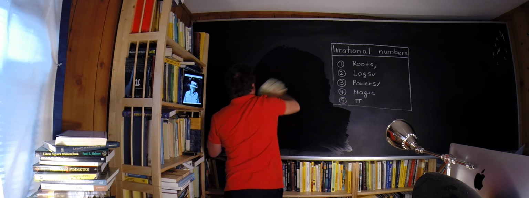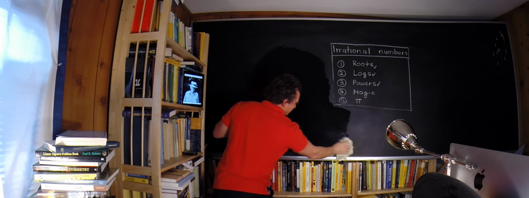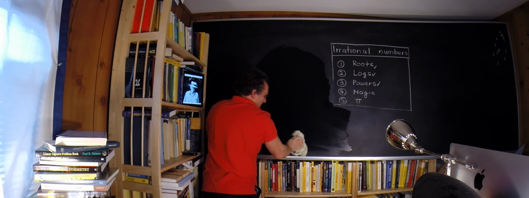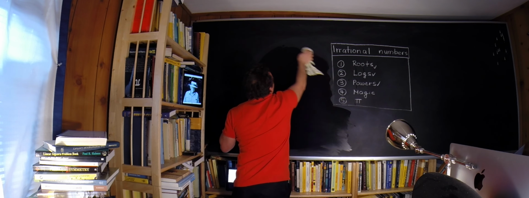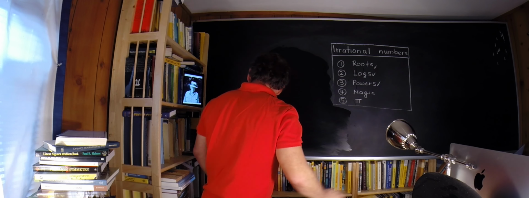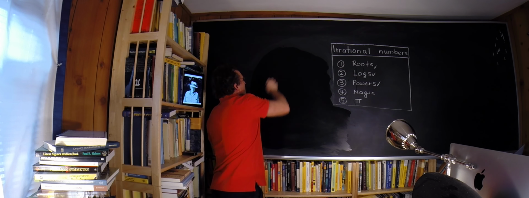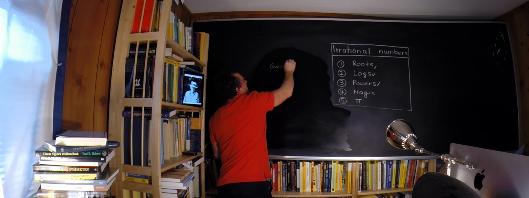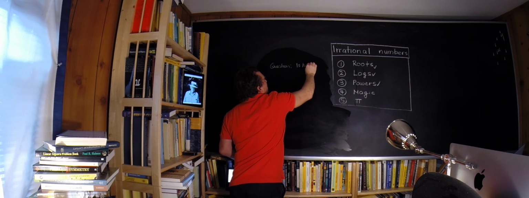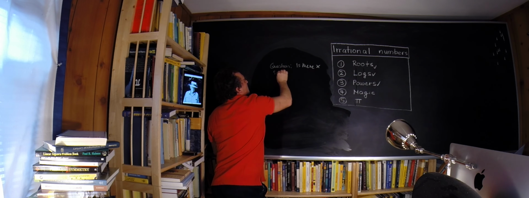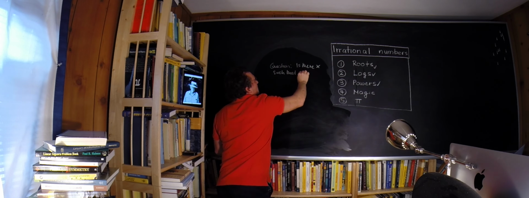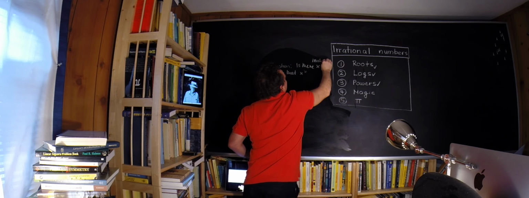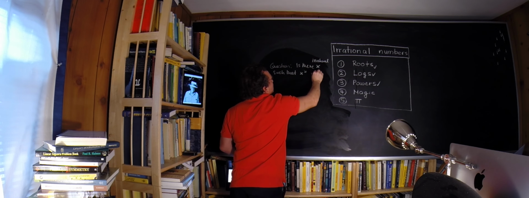So the question was, is it true that there exists an irrational x such that x to the power x is rational? Question: is there an irrational x such that x to the x is rational?